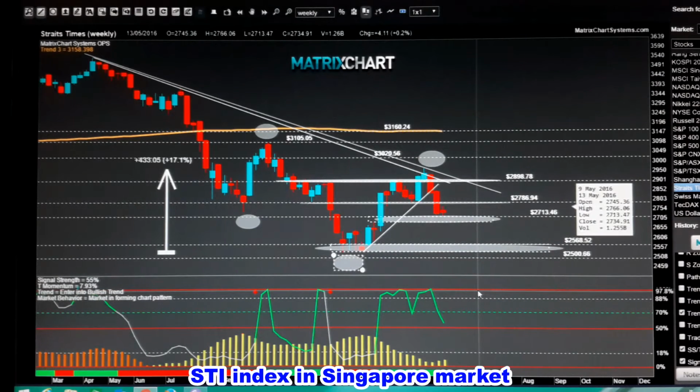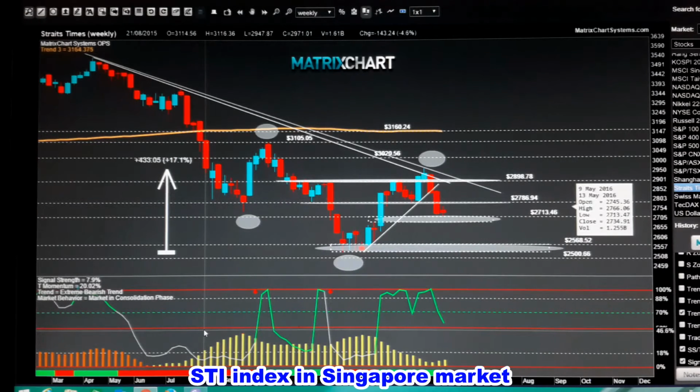So looking forward, I'm expecting in 3 weeks' time the price action will come to this region in the range 2500 to 2568. This magic number, 2500, is from the Fibonacci retracement at the 50% level.